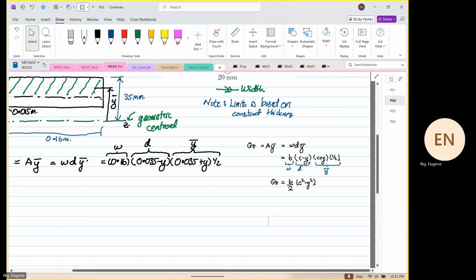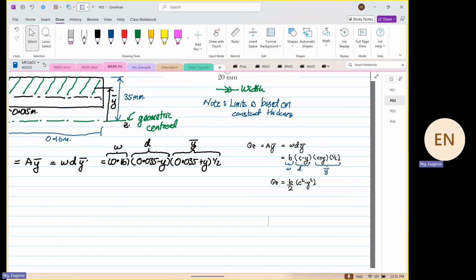Okay. So from here, we can write out this will be equal to, calculator, so 0.16 multiplied by 0.5 multiplied by 0.035 squared is equal to 98 times 10 to the power minus 6.